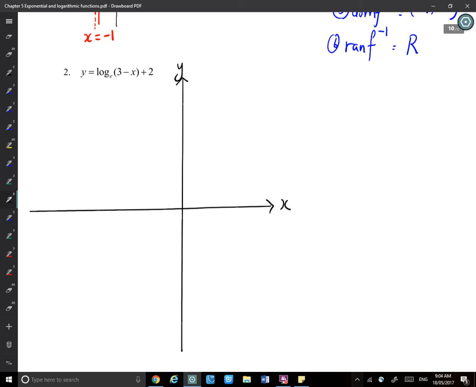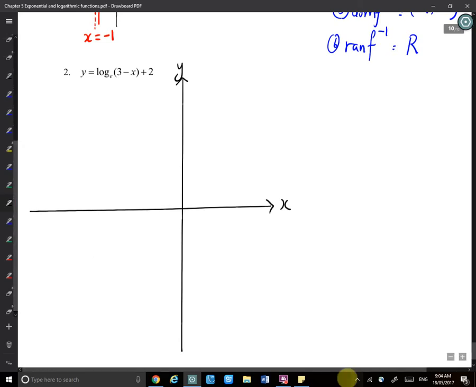Okay, if you want to sketch this, first we need to find asymptotes. What's the asymptote for this log function? How do we find asymptotes for log? You set the thing in the bracket equal to 0.